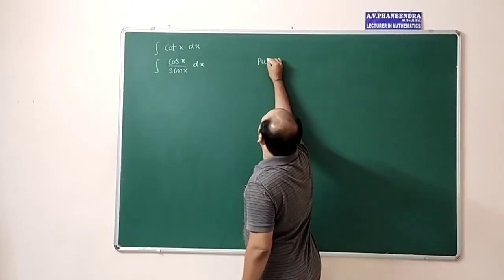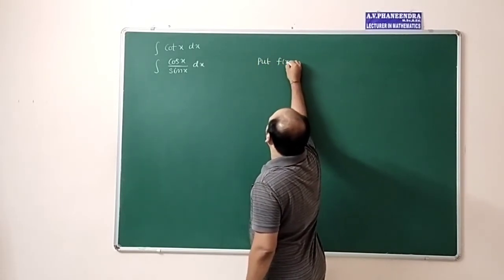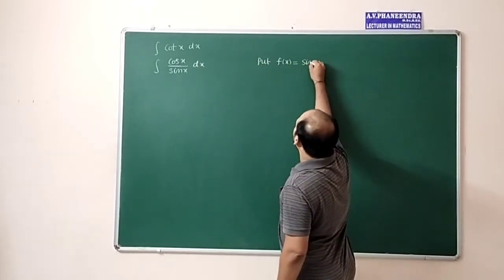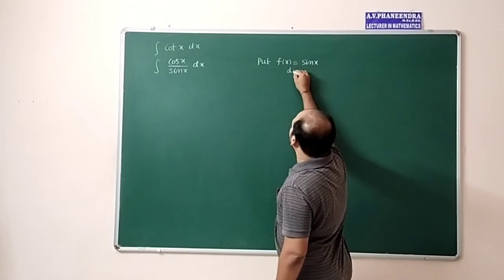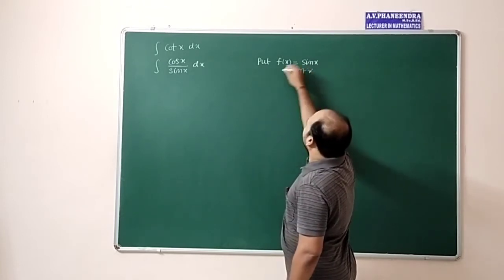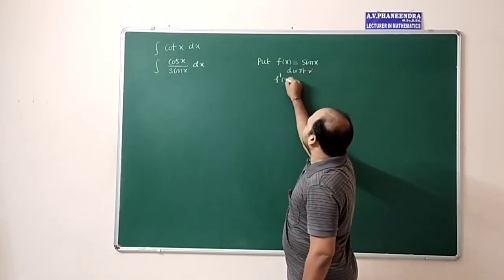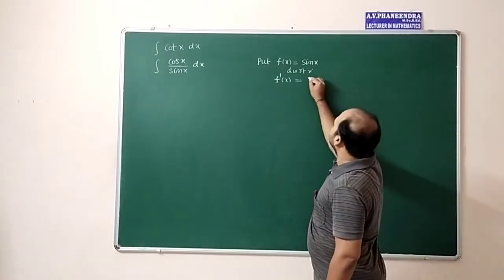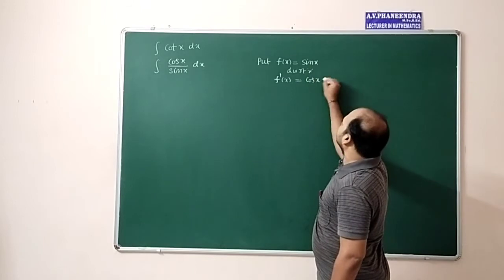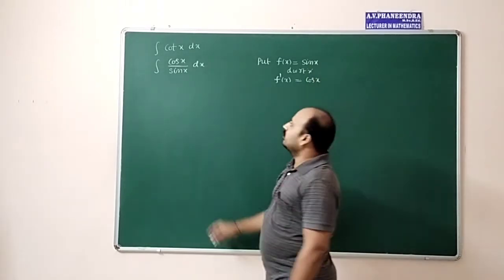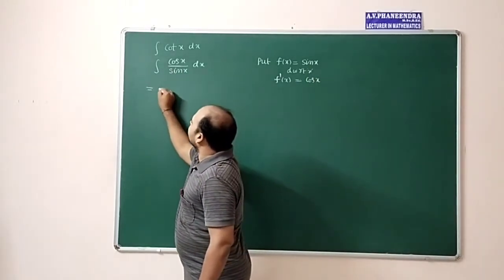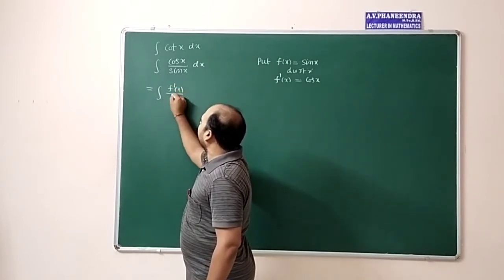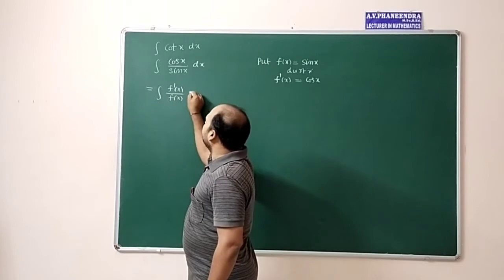here put f of x is equal to sin x, among these two functions I am taking sin x. Differentiate with respect to x. f dash of x, the derivative of sin x, is cos x. Therefore, this becomes integral f dash of x divided by f of x dx.